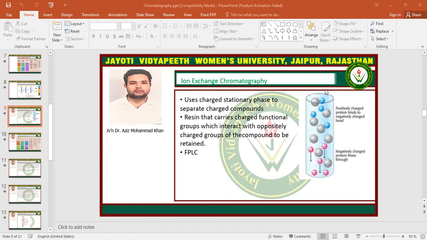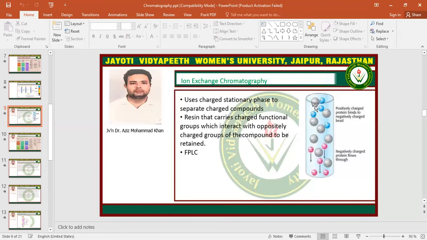If the proteins have a negative charge, the buffer will flow here, and along with the buffer, the proteins will also flow. When the proteins come in contact with the beads, the negatively charged proteins will bind to the positively charged beads.